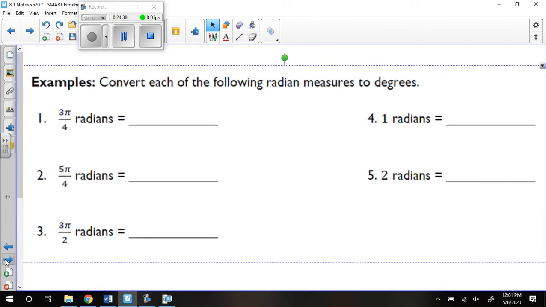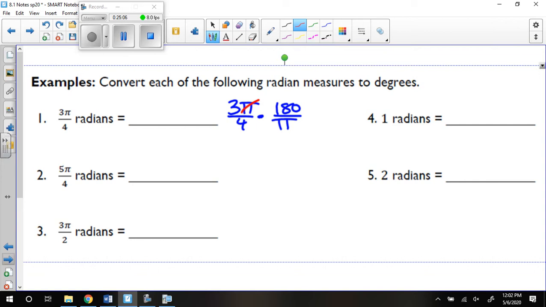Now we're going to do this the opposite way. We're going to take radians and change them into degrees. Now remember, when we're doing that, we need to try and get rid of pi, so we're going to be dividing by pi. Okay, we've got 3 pi over 4, and we're multiplying by 180 over pi. Like I said, we're trying to get rid of pi, so we're dividing by pi.